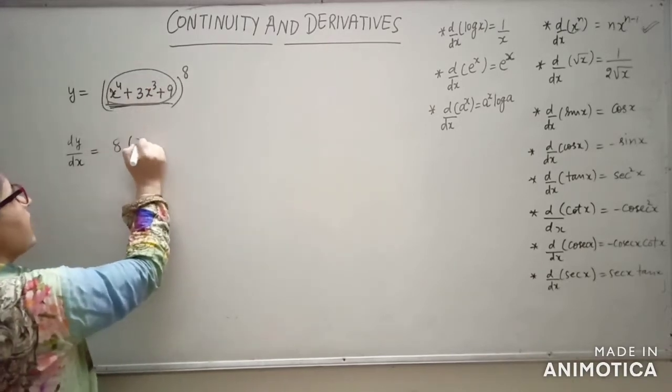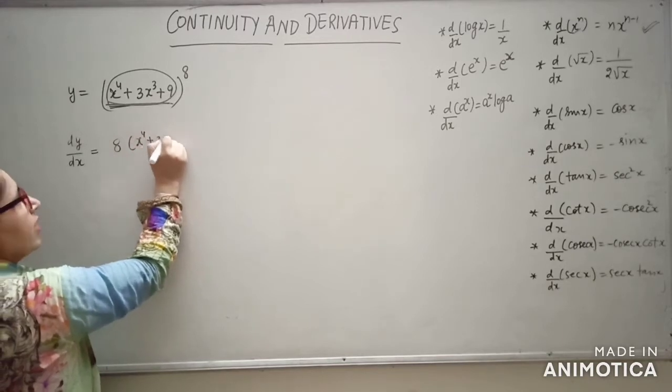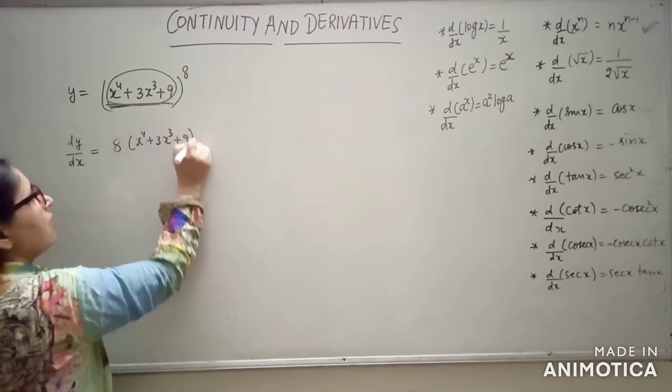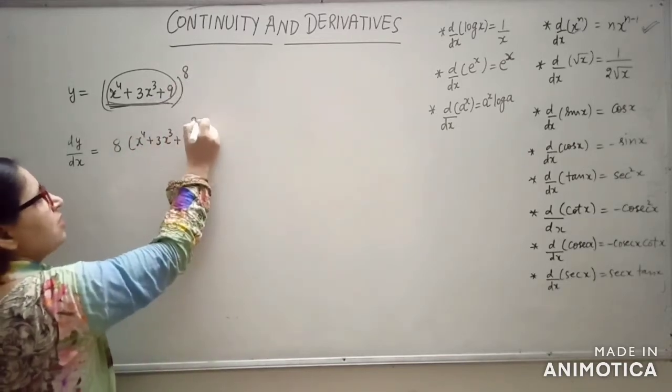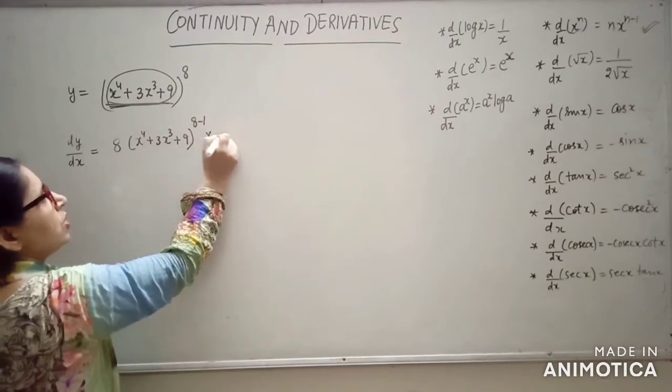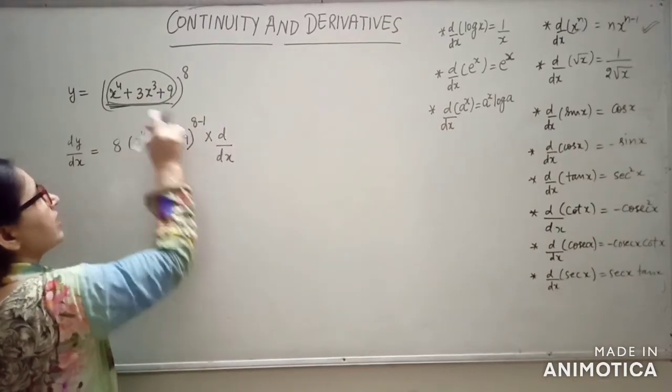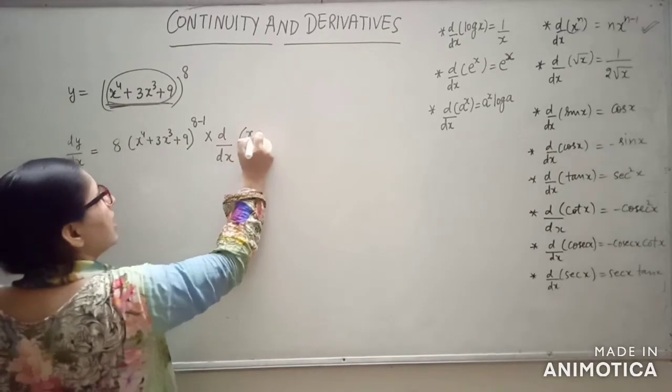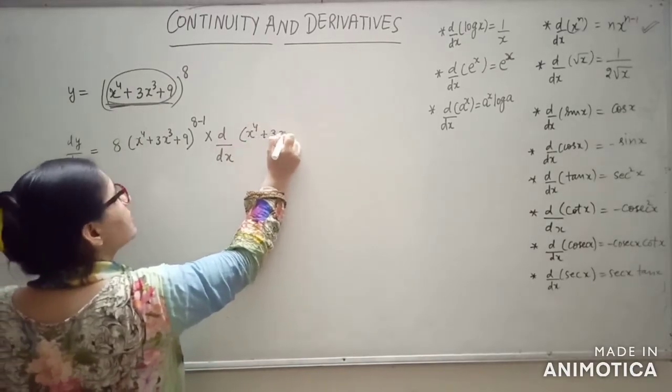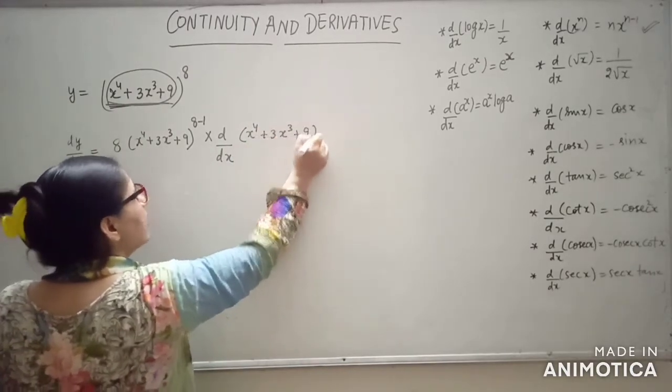Now this x, if I write this, the power will be reduced by 1 into the derivative of this x, which is x raised to power 4 plus 3x cube plus 9.